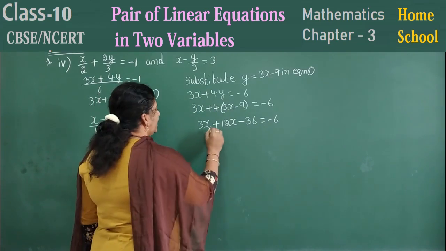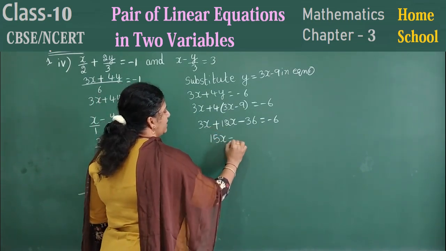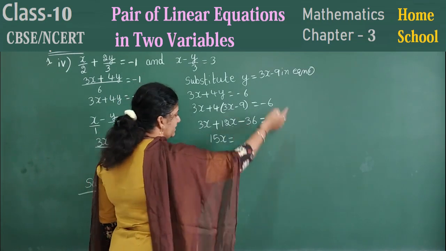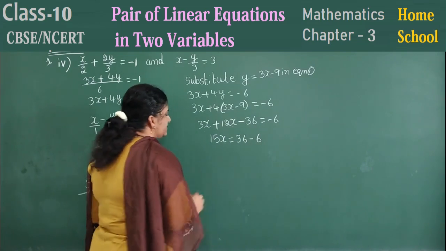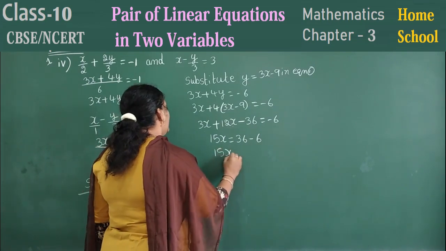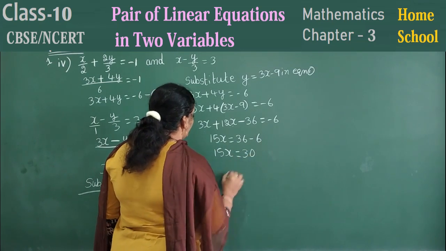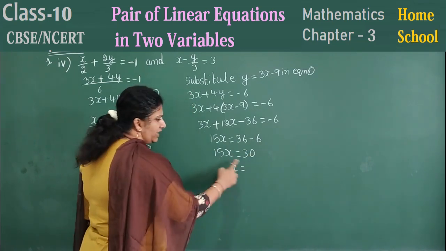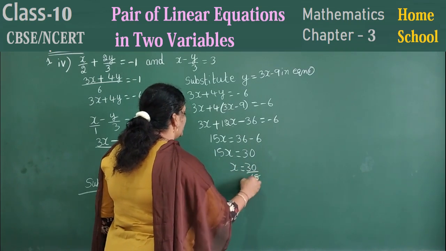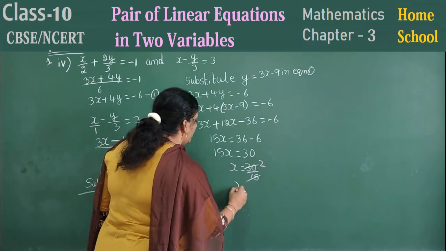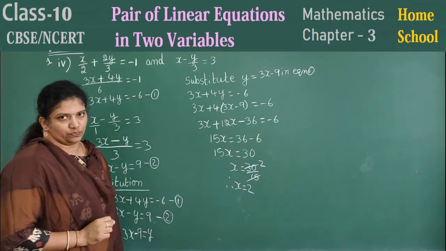Right? 3x plus 12x will be 15x. And minus 36, on the other side plus 36, minus 6. 15x = 36 - 6, which is 30. And divide 30 by 15. 15 2s are 30. Therefore, x value is 2.